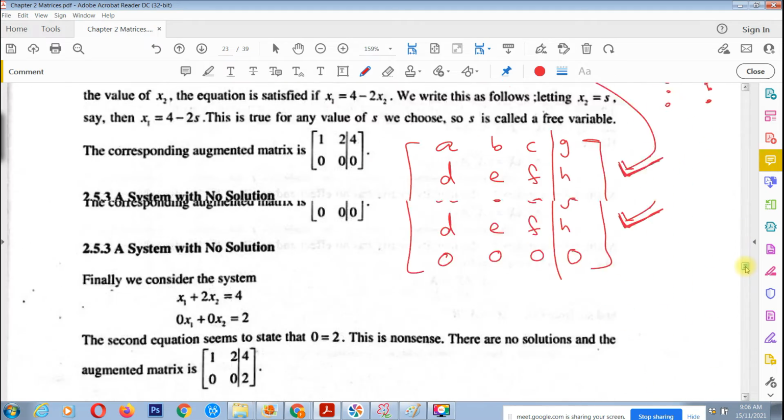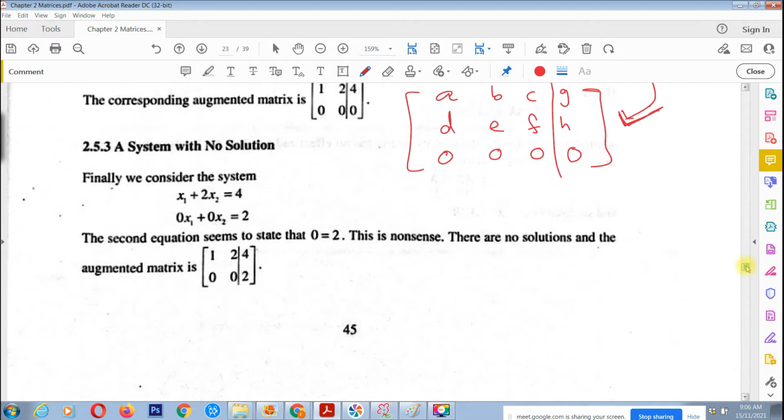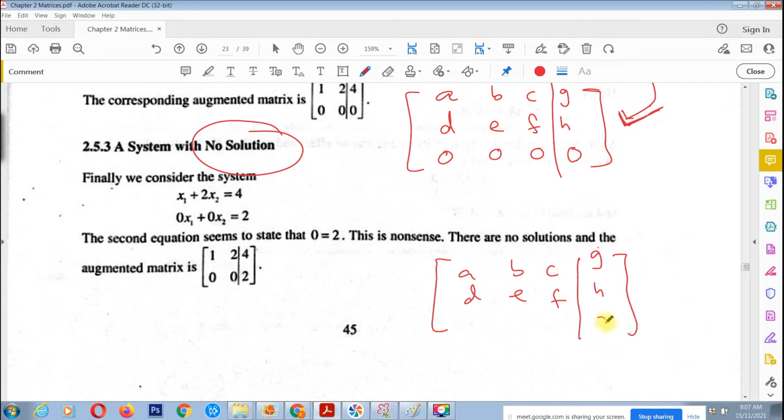Then we have another case which we call no solution. How do we get no solution? When the matrix is a b c d e f, and then g h, and then we have the value 2 here and 0 there.